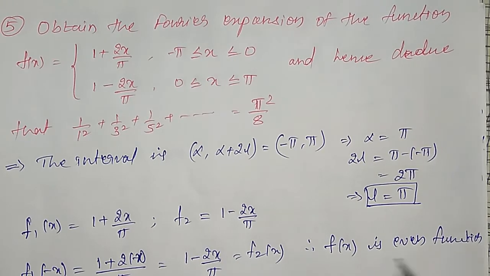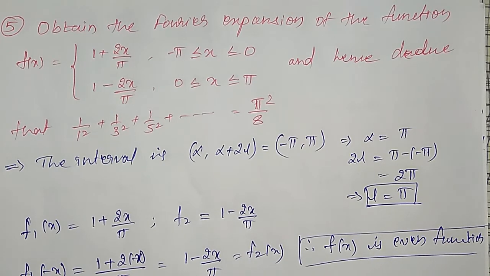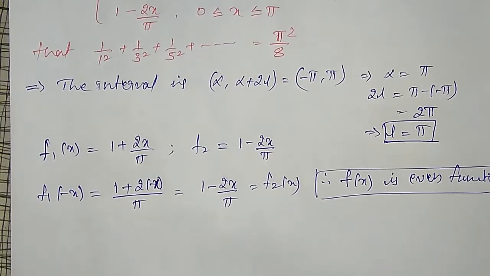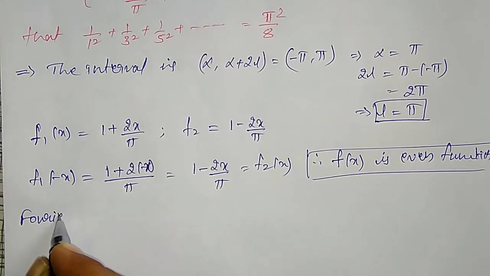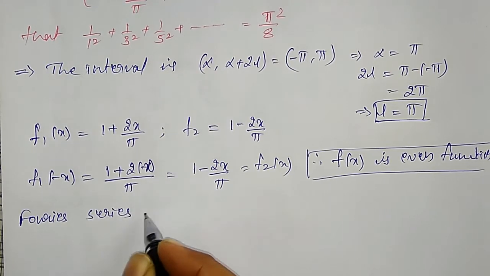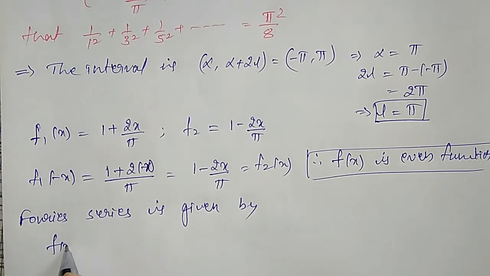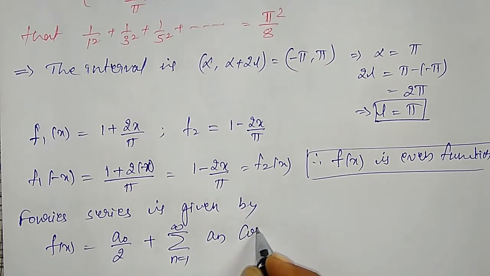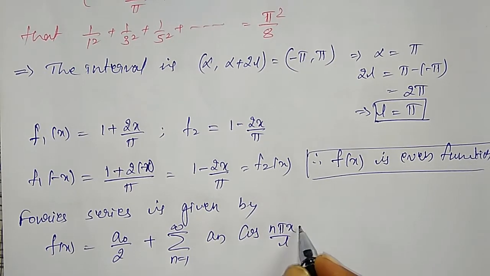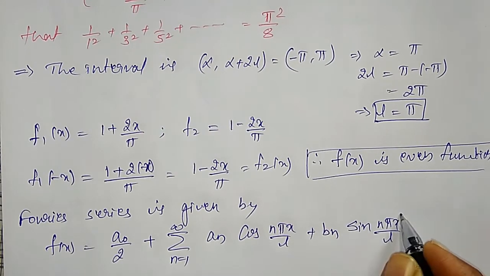Okay, since it is an even function, some of the Fourier coefficients will automatically become 0. How it becomes 0? Let me check here. First, the Fourier series is given by f of x is equal to a0 divided by 2 plus summation n equal to 1 to infinity of an into cos n pi x by l plus bn into sin n pi x by l.